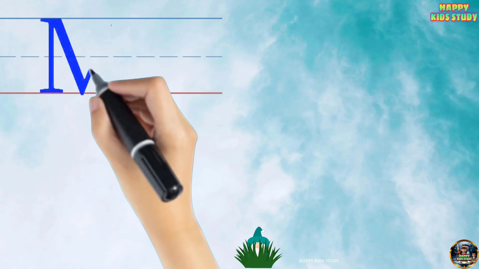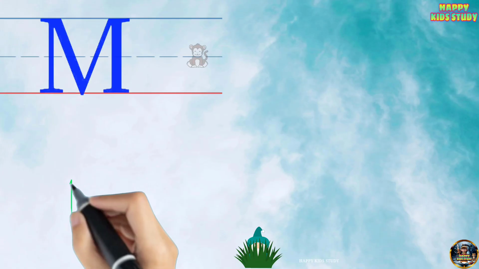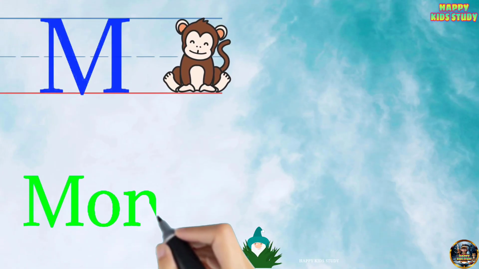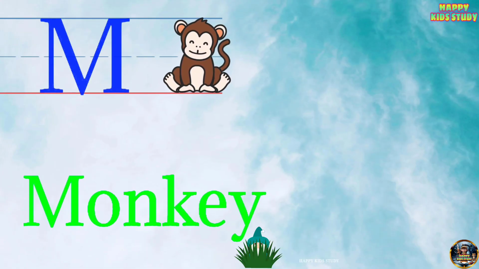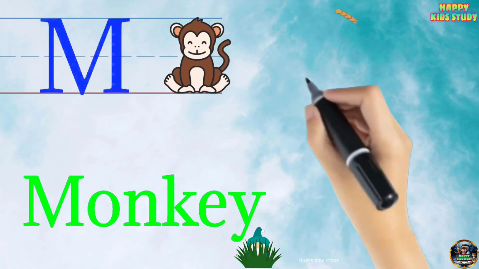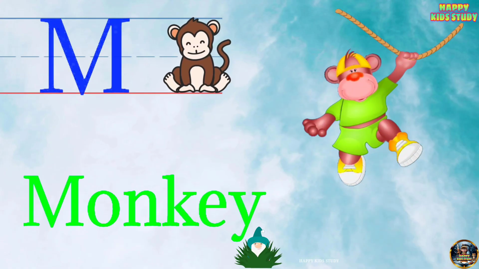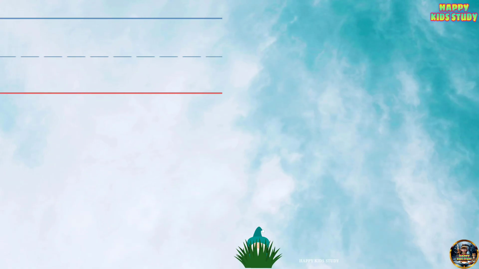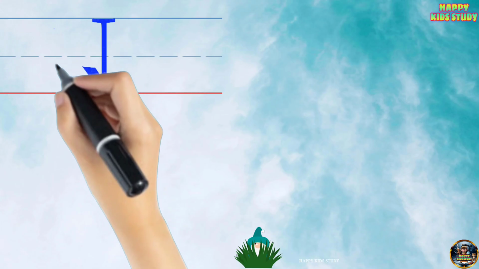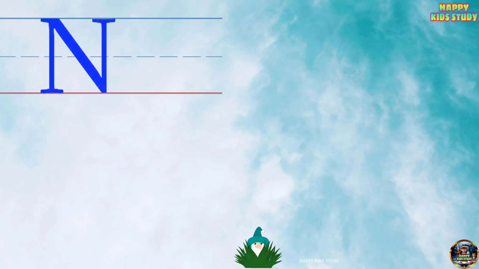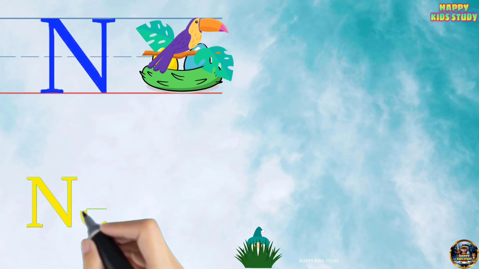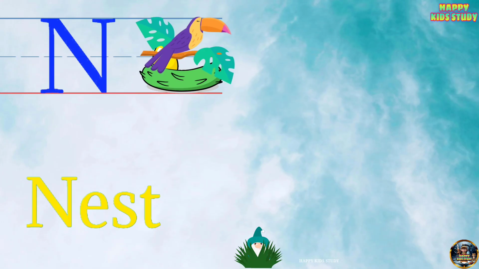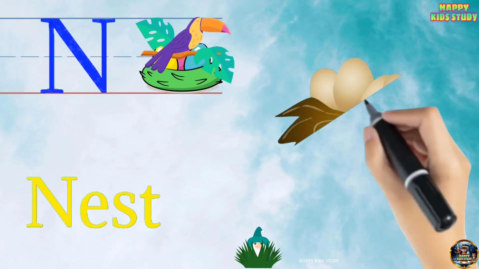M. M for monkey. Monkey means bandar. N. N for nest. Nest means ghosla.